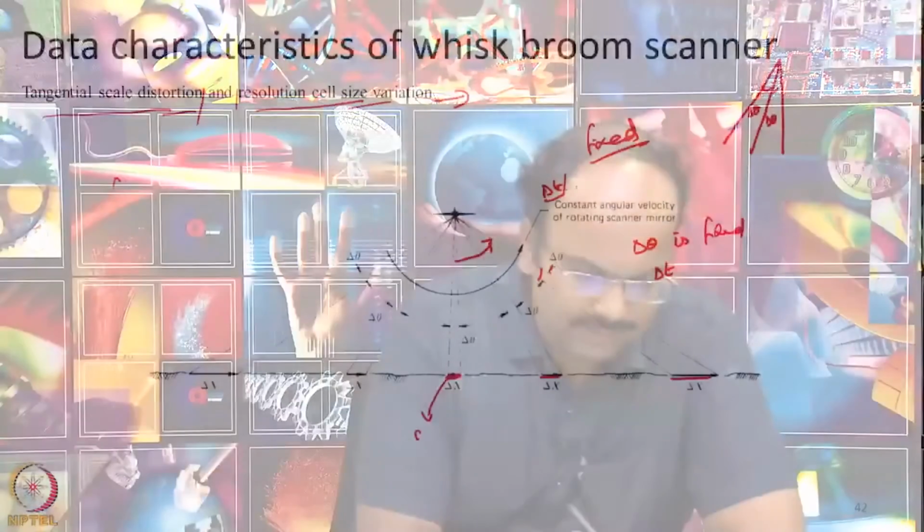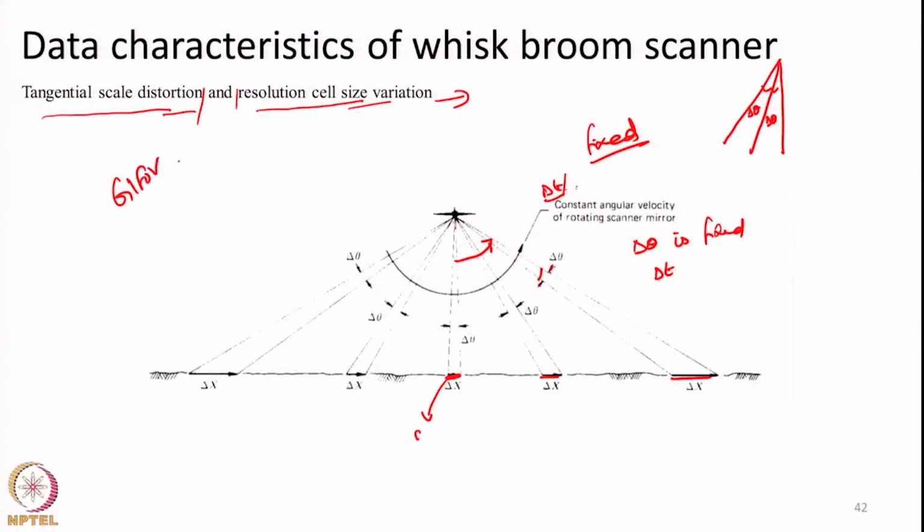So, two things will happen. First thing is the GIFOV increases as the scan angle increases. Similarly, the GSI will also increase as the scan angle increases.